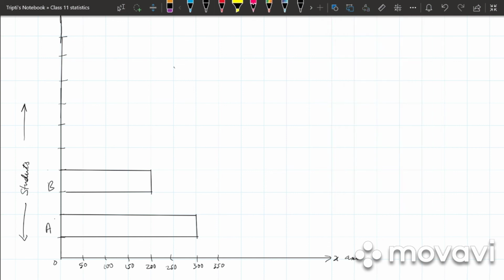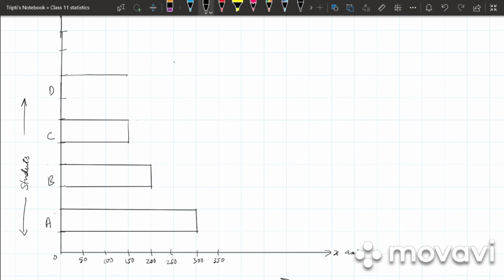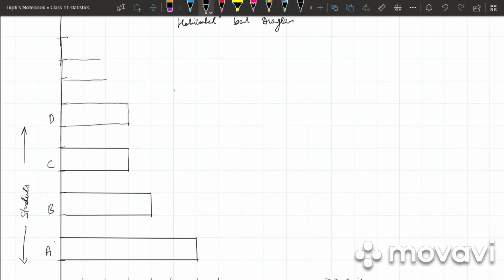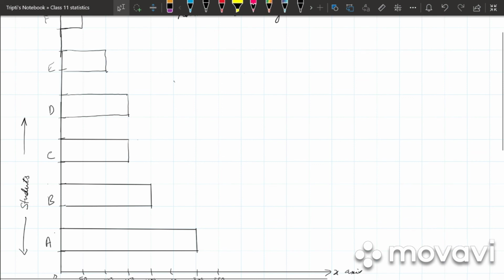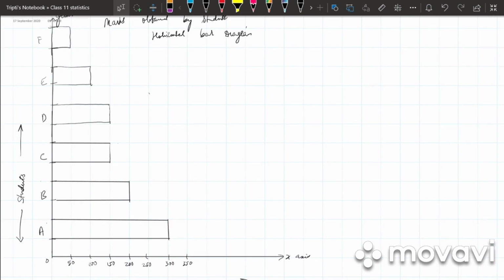Next we have C, that is 200. Then we have D, 150. Then we have E, 100. And last we have F, that is 50. Please use the scale while drawing the bar diagrams. So this is a horizontal bar diagram.